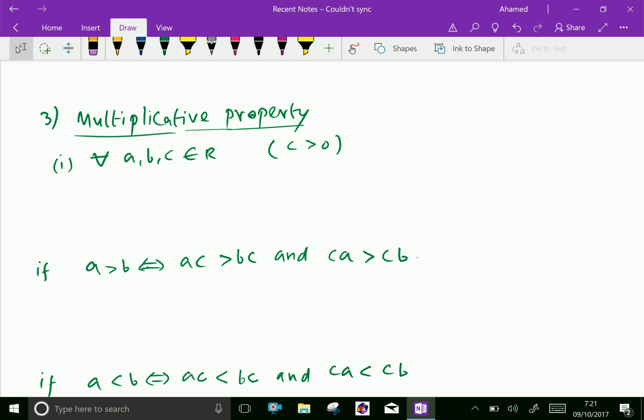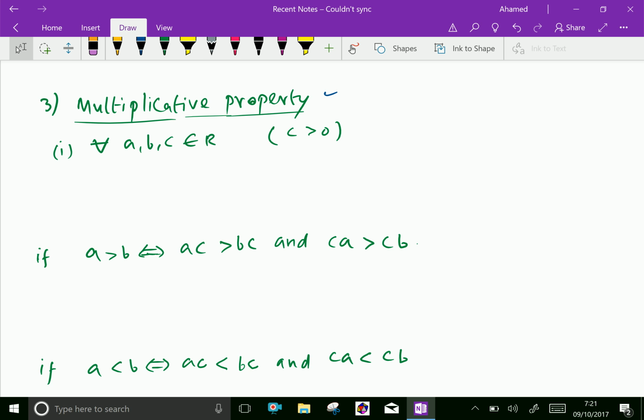Now multiplicative property. If A, B, C are elements of R and C is greater than 0, that is a positive number, take A is 100, B is 50, and C we take as 25.